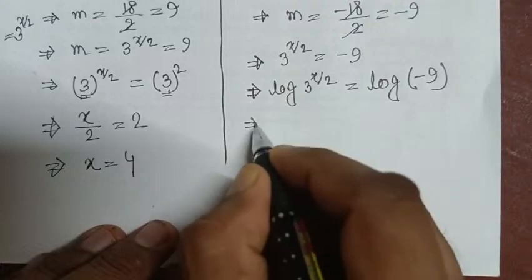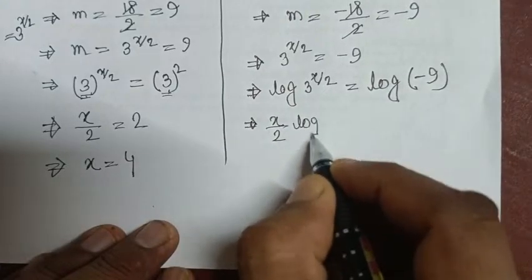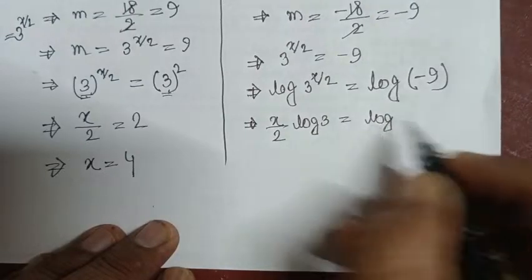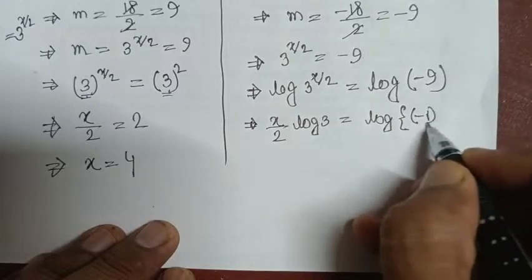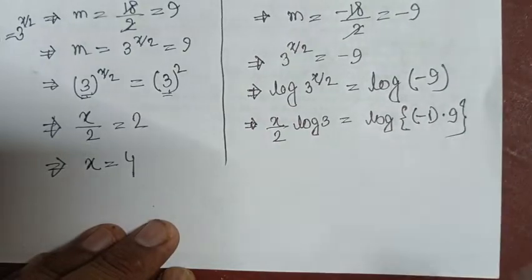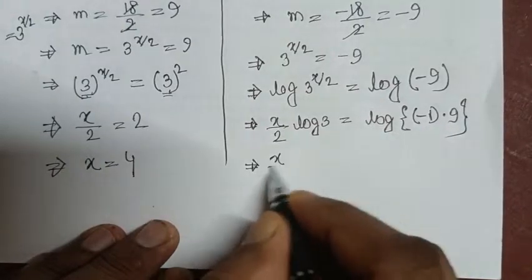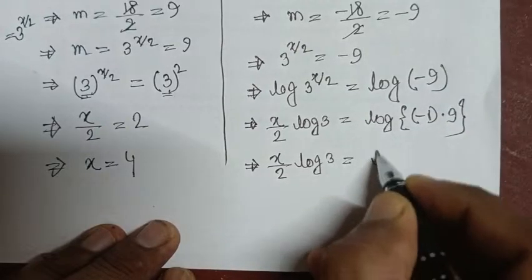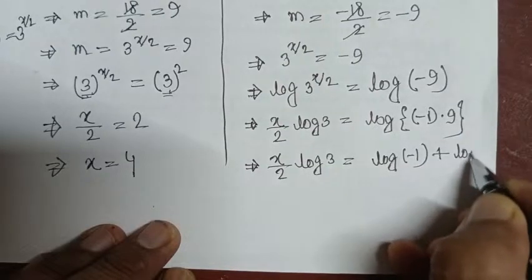Therefore the equation becomes x by 2 log 3 equals log of minus 9, which is log of minus 1 plus log of 9.